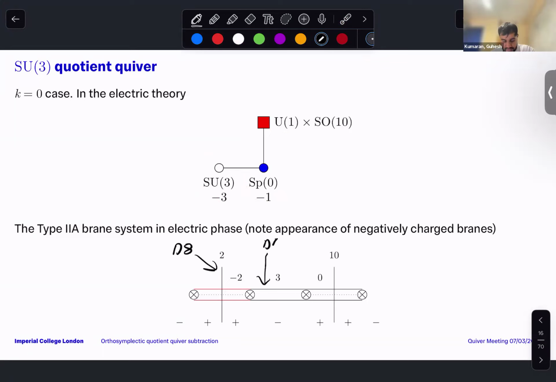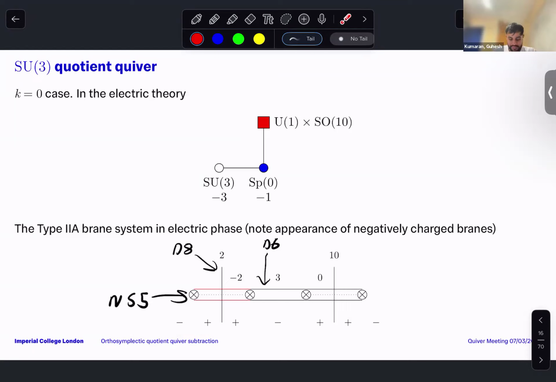This is the D6. This is the NS5. I've also written the type of orientifold plane we have here at the bottom, just for convenience. You can notice that we have negatively charged branes here, so some negatively charged D6.